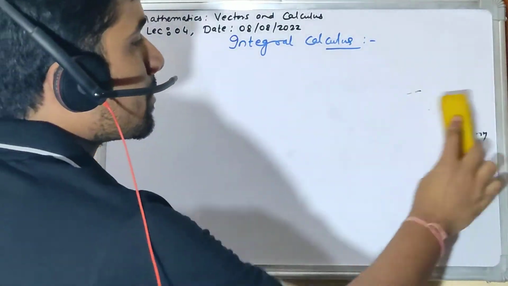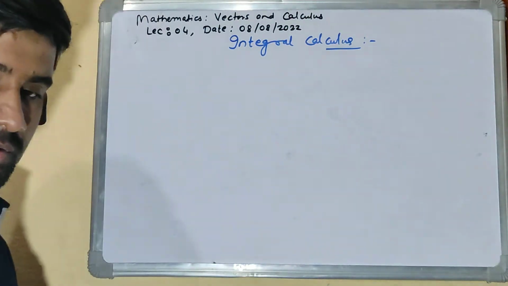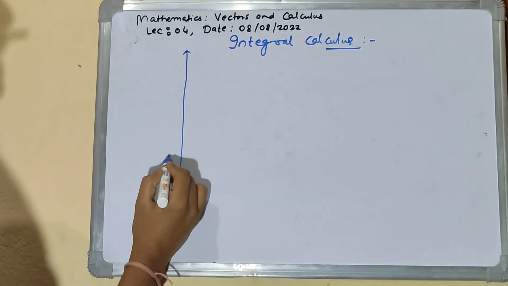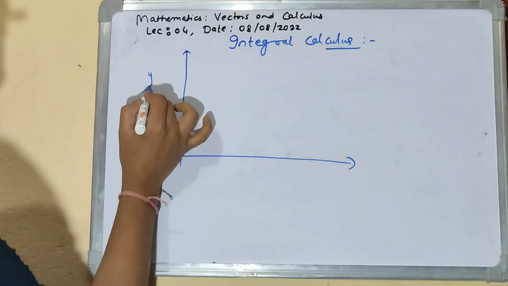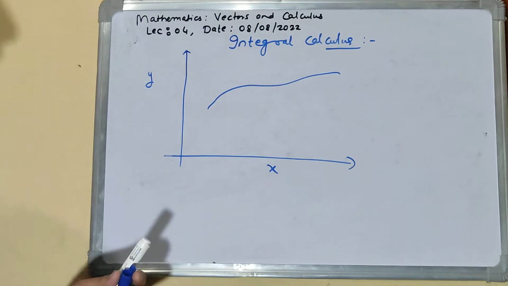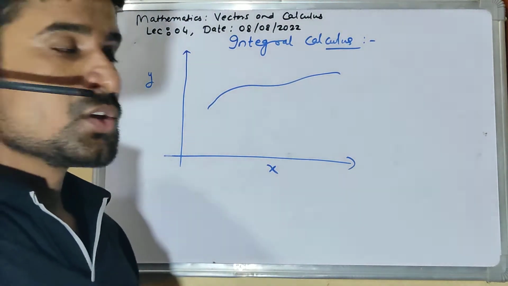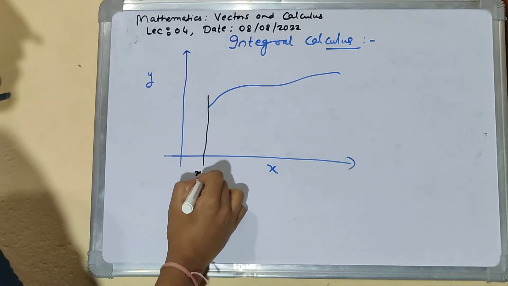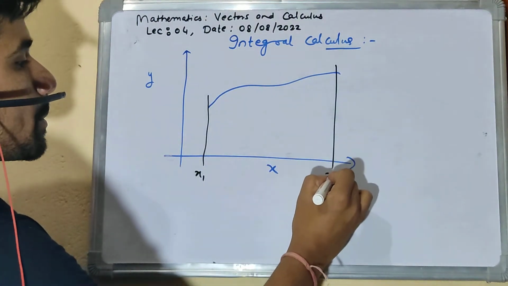Let's understand more on this. Let's say this is a function y equals f of x, and the function is something like this, right? Let's say this is defined from a point x1 to a point x2.